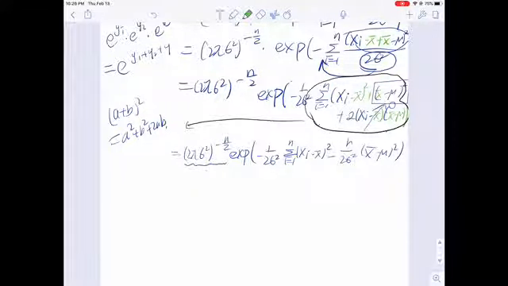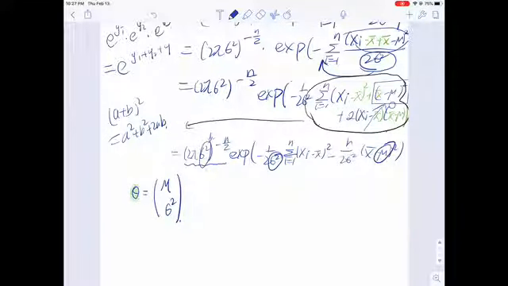Let's remind ourselves that theta is equal to mu and sigma squared. So we have parts of theta here, here, and here.